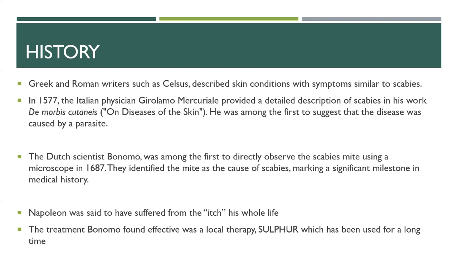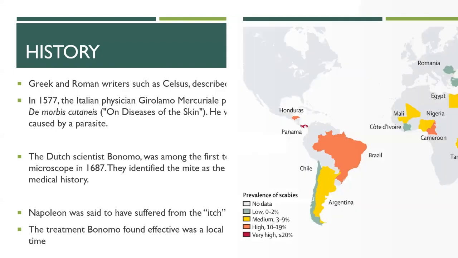So basically, from this history, we can see that scabies is a disease that has been described since a very long time, and we have improved in the knowledge that we have acquired on its transmission, on its causative agent, on the mode of treatment, and so on. We are no longer, for example, using sulfur. We have moved from that, and we are using better kinds of treatment.